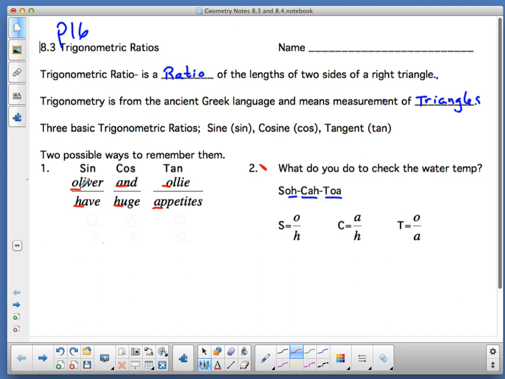And then I was like, I'm a swimming coach. I don't make up stories. Right before you go swimming, you take your toe and you put it in the water. You soak a toa, right? So we got SOH: sine, opposite over hypotenuse; CAH: cosine, adjacent over hypotenuse; and TOA: tangent, opposite over adjacent.